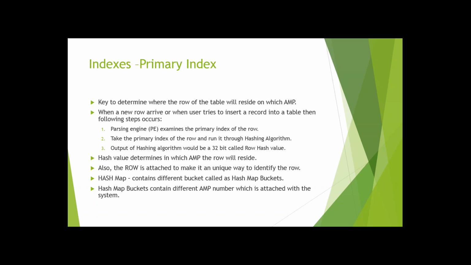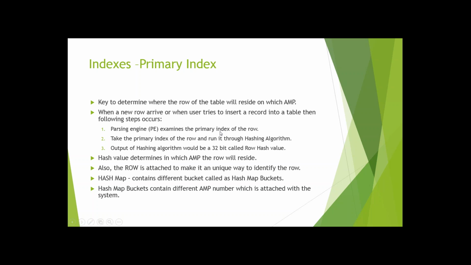Okay. So what this parsing engine does is it goes and first checks whether you have the authentication, whether you have the authority to actually insert records. It goes and checks the syntax of your SQL, and then it knows that okay, you're planning to insert a record into the employee table, and the employee table's primary index is employee number. So it examines the primary index.